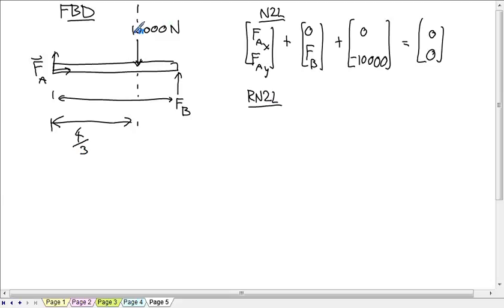So you don't have any moment produced by Fa. You'd have a clockwise moment produced by the 10,000 Newton force. So that's going to be negative 13,333. And then you have a counterclockwise moment produced by Fb.